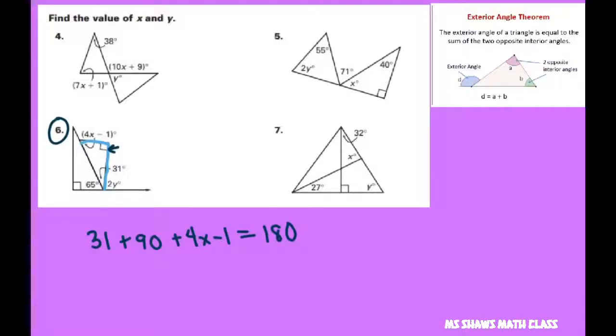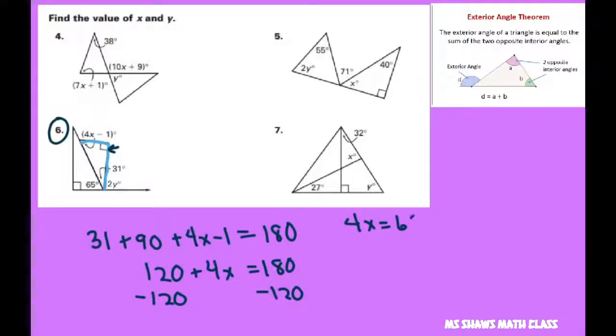So we have 30 plus 90 is 120, plus 4x equals 180. Subtract 120 from both sides of the equation, and that gives you 4x equals 60. Therefore, x equals 15, if you divide both sides by 4. So x is 15.